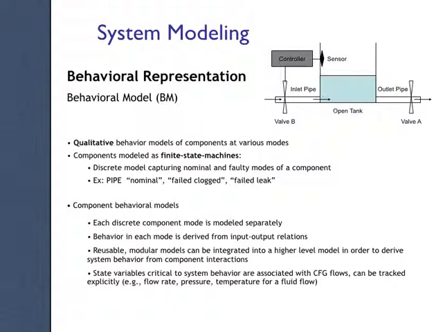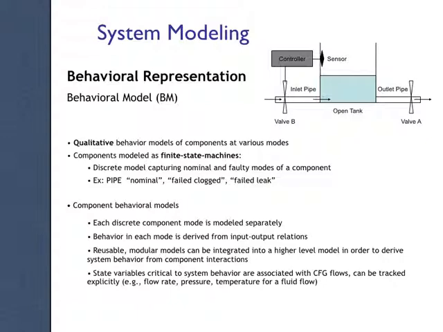They are represented here as finite state machines, meaning that they're in a particular state, whether that's nominal states or failed states. So for a pipe, we can say, for example, a pipe could be nominal, it can be failed clogged, or it can be failed leaking.